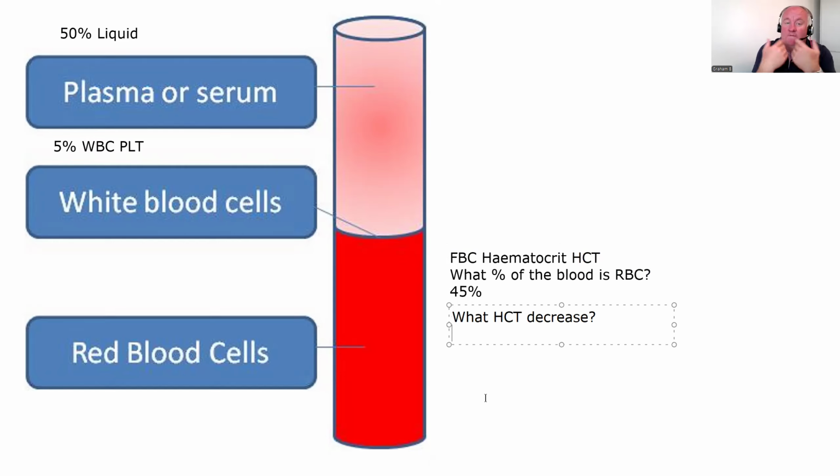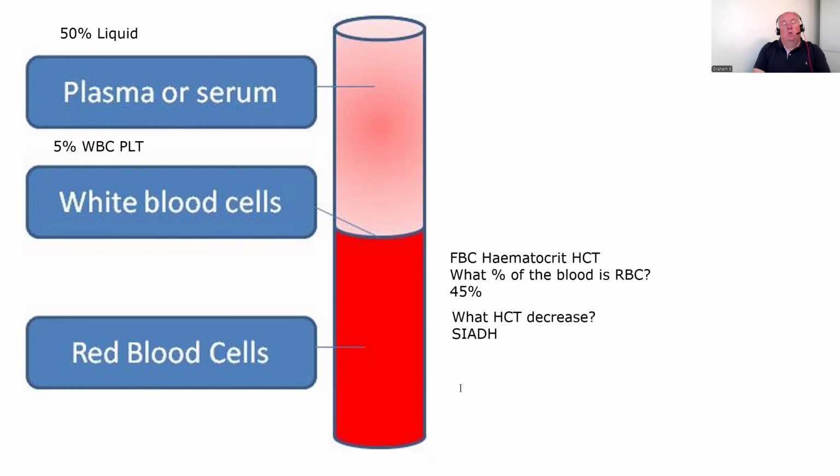Similarly, if you had more fluid in your blood, if you were retaining fluid, like in heart failure or in syndrome of inappropriate antidiuretic hormone, that would temporarily dilute the hematocrit value. So hematocrit's okay, but it can be affected by things other than the number of red blood cells.